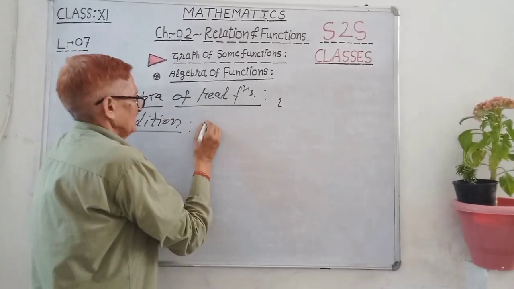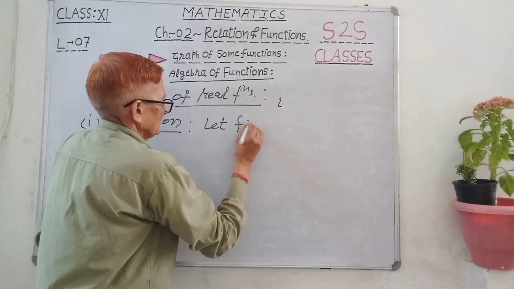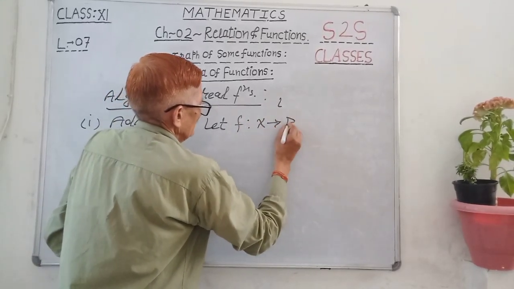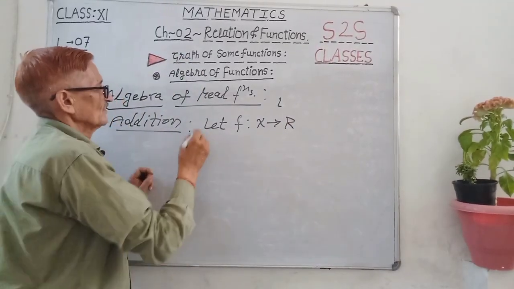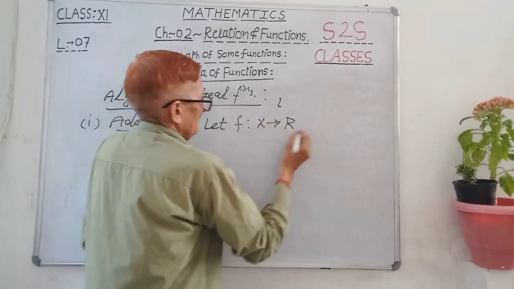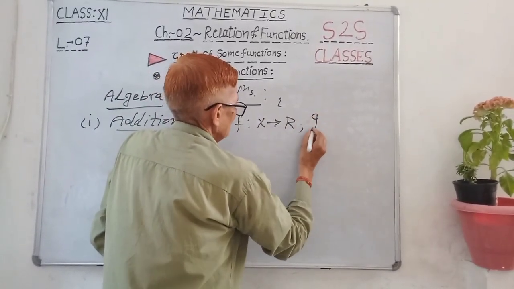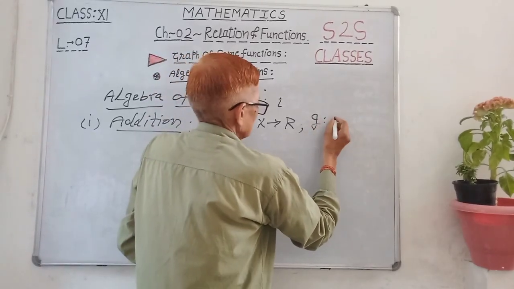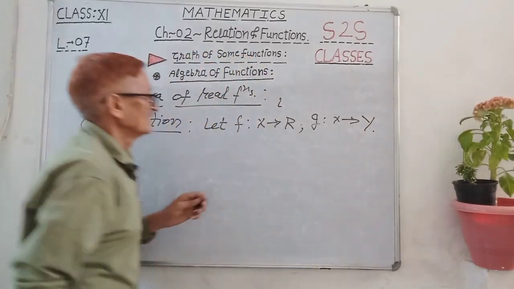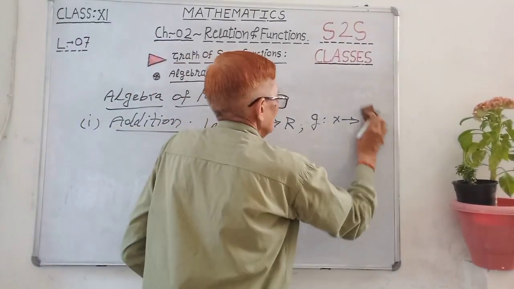Let f be a function such that f: X to R, a real function, meaning a real valued function. And another function, let g be a function such that g: X to R. Here also the output is a real number.